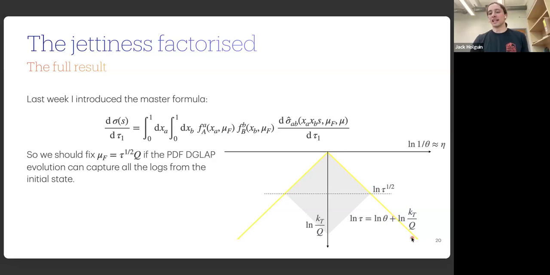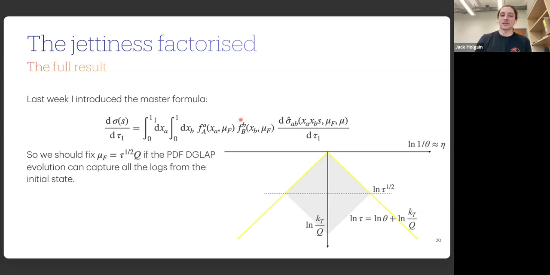And so if we go along the yellow line, we find that it gets vetoed as it crosses this point where the transverse momentum over the hard scale Q is equal to tau to the half, or the square root of the jettiness. And so this factorization scale should be equal to the square root of tau times Q.